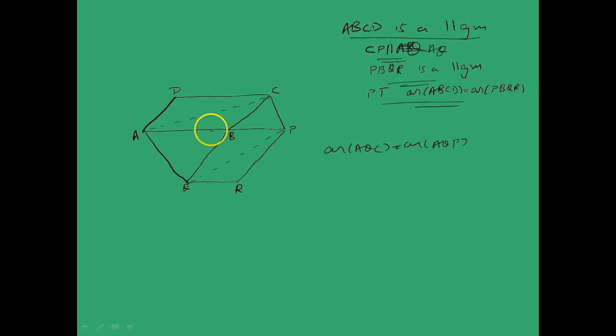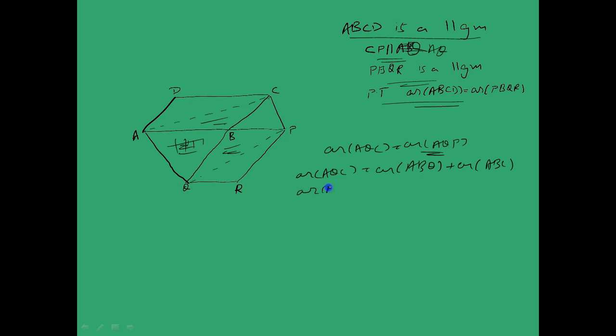So now let's write the area of AQC in terms of this area and this area. So we have area of AQC is equal to area of ABQ plus area of ABC, right? And now we can write AQP as this area plus this area.